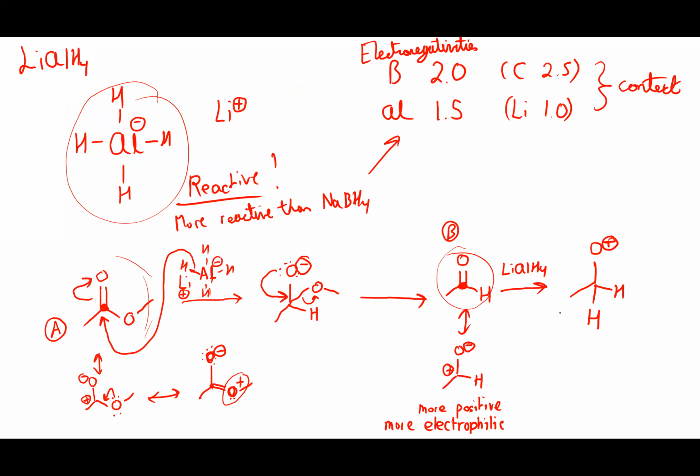So methyl, ethyl, propyl, butyl, pentyl. The only two that we really use a lot are methyl and ethyl, Me and Et. The other ones we tend to write out. Yeah, you can use tert-butyl.